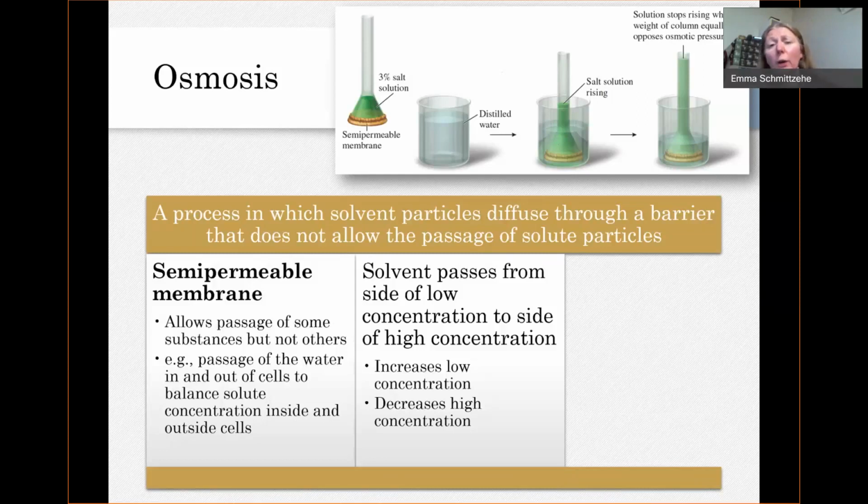And if the solvent is going into the other side, it's going to dilute that concentration, so it's going to decrease it. So it's changing the concentration of both of those solutions, and this process will occur until the concentrations are equal.